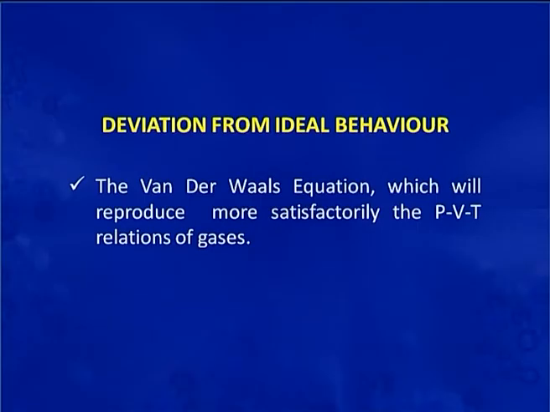So, the real gases are not following the ideal gas equation. It means there should be some change, there are some incorrect assumptions. The van der Waals equation will reproduce more satisfactorily the PVT relations of gases.